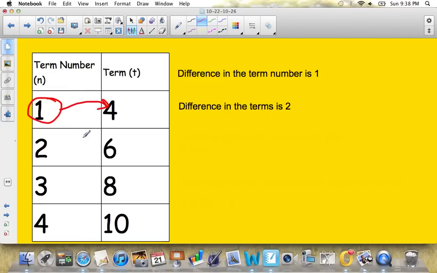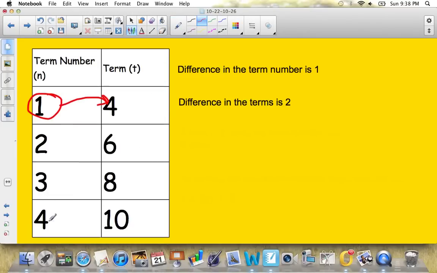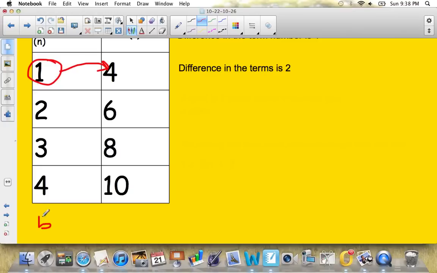Because if I were to ask you what's the 50th term, you're not going to sit here and count by 2's the whole time. Nope. Not what you want to do. We want to be able to say that the 50th term is what? So that's what we need to figure out next.